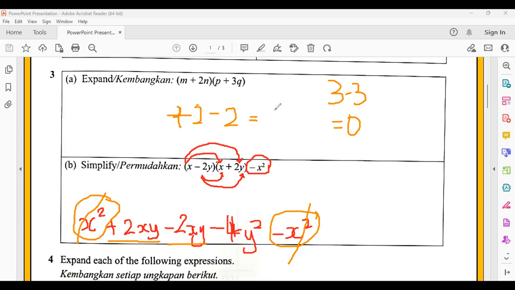It also ends up with 0. So this positive 2xy and this minus 2xy will also cancel off and become 0. You are left now with only one term, which is negative 4y squared. That's it. Negative 4y squared.